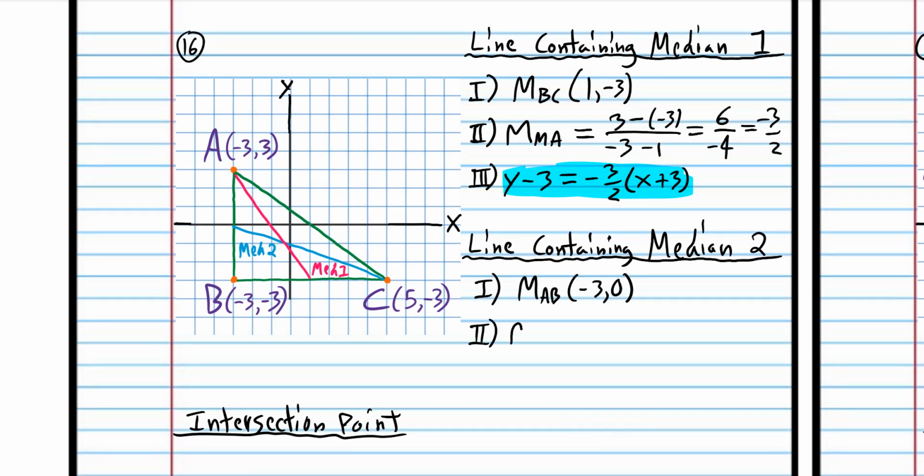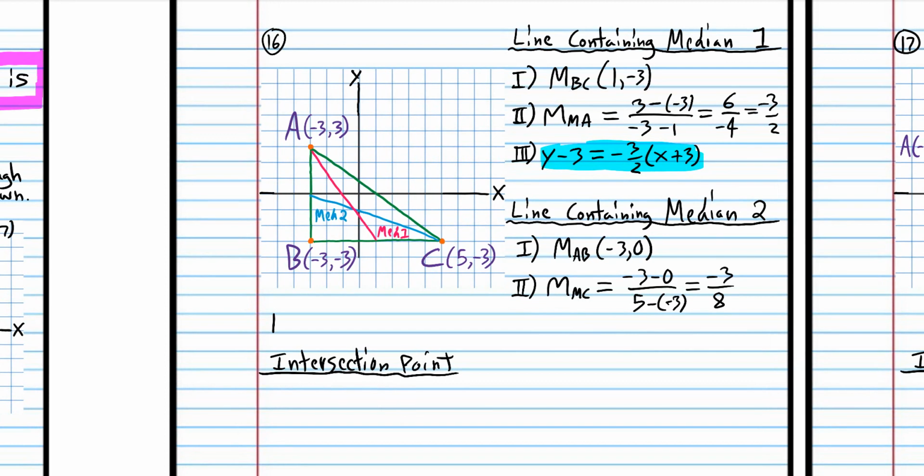And step number 2, we're just going to find the slope of the line containing the midpoint. And you can see the median 2 is going through C, so the midpoint and C. Using C as the second point, we have negative 3 minus 0 over 5 minus negative 3, which is negative 3 over 8.